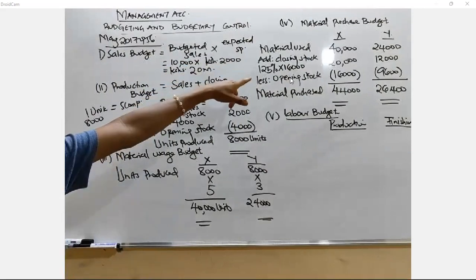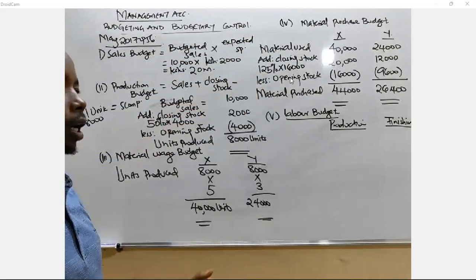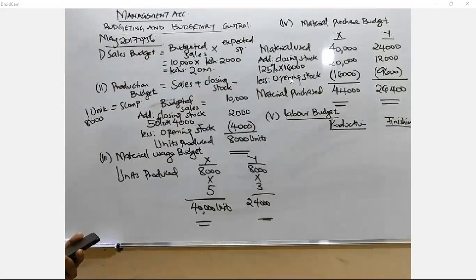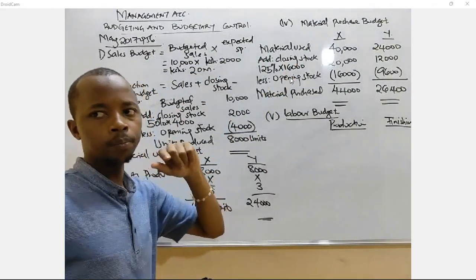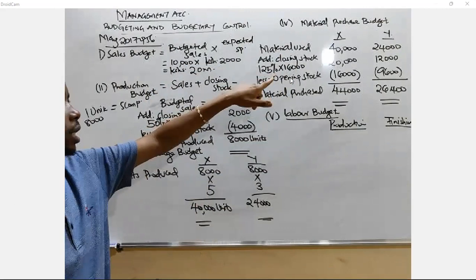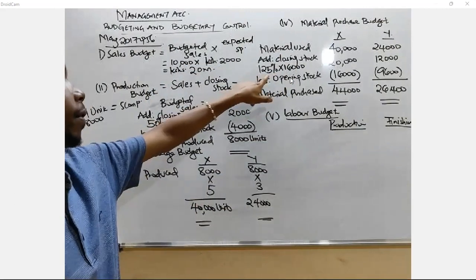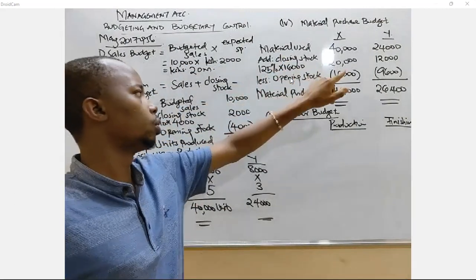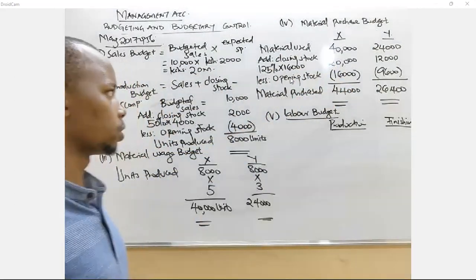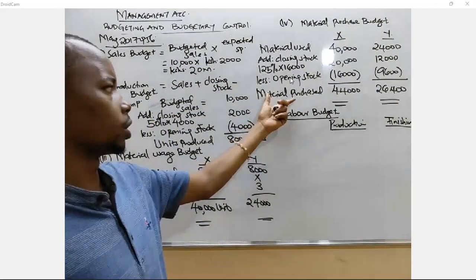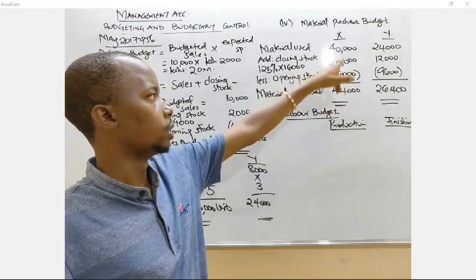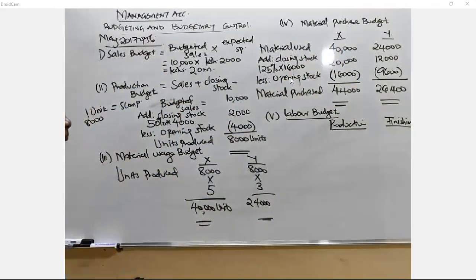But in note number 6, we've been told there is an increase of 25% in the quantity of each input when you are factoring the closing stock. And I have said if there is an increase of 25%, we just need to take 125% of 16,000 to know the closing stock would be more than the opening stock by 25%. That is the simple term the examiner is using there. So when you are looking at the material purchase, you just do your summations.